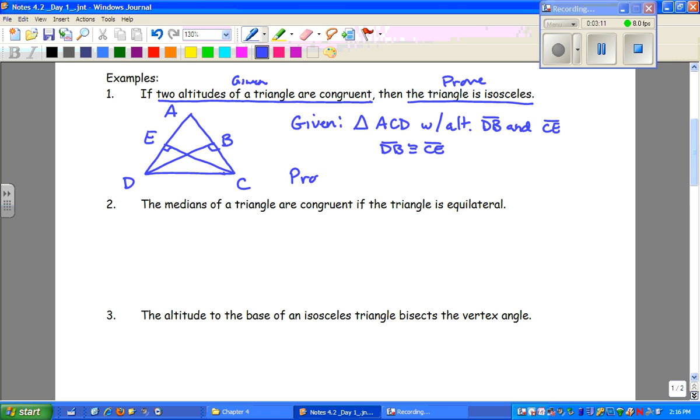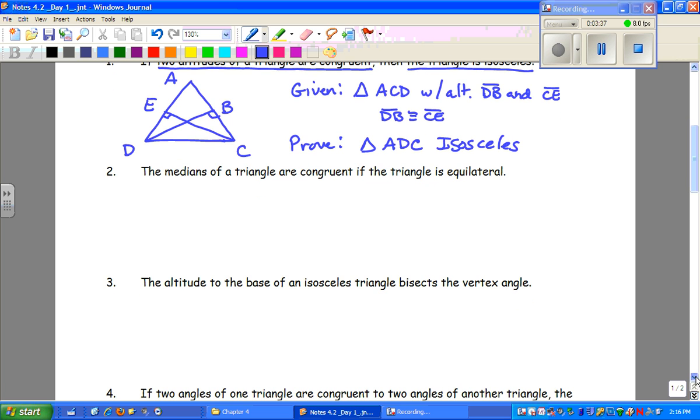And we are trying to prove the triangle ADC is isosceles. In tonight's lesson, you're not going to prove your pictures, but we will then elaborate after you have the correct pictures to know that you can make the proof of your own, and on a test, an assessment, that you will do that.